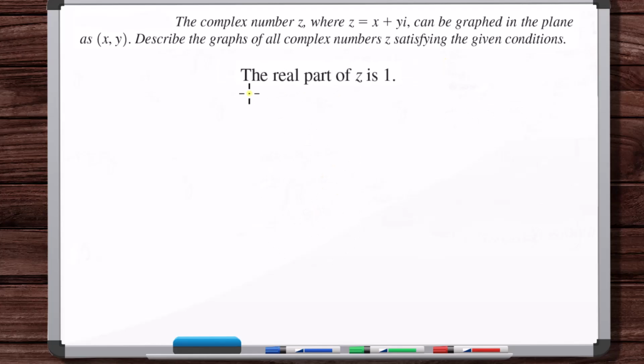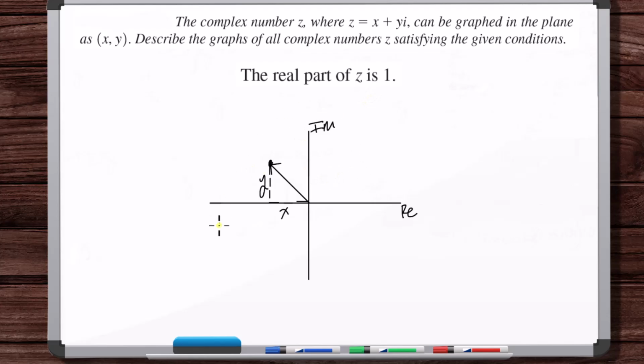Okay, what about with the real part of z being 1? Here's just the general complex plane with a rectangular complex number z. If the real part is 1, that's like saying 1 plus yi.